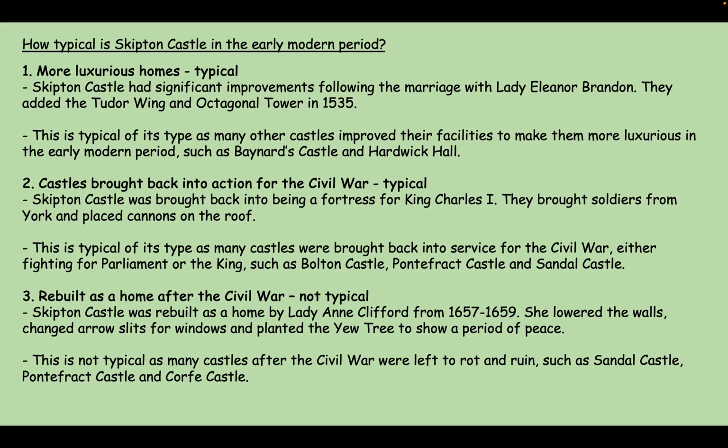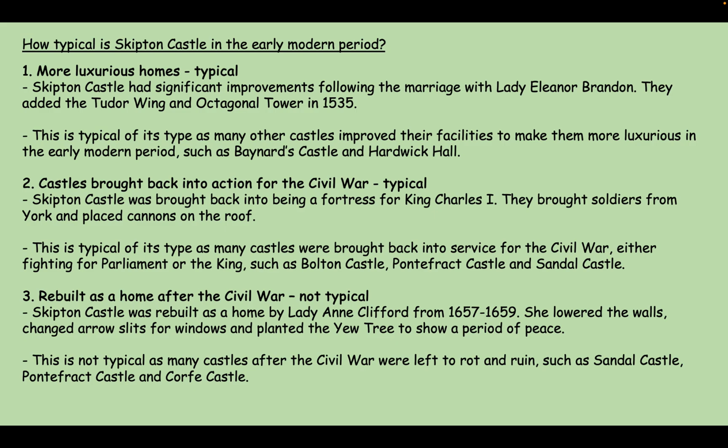So the final one is how typical Skipton Castle is in the early modern period. Again, we've got three points: two to why it's typical, and one to why it's not. The first reason why it's typical is that Skipton Castle was, like many other castles and country homes in the early modern period, upgraded to be more luxurious and more comfortable.